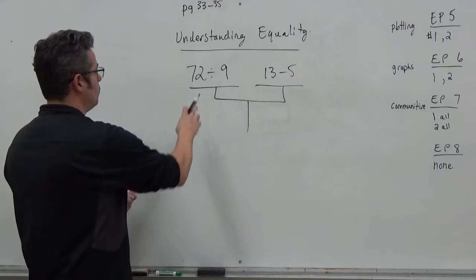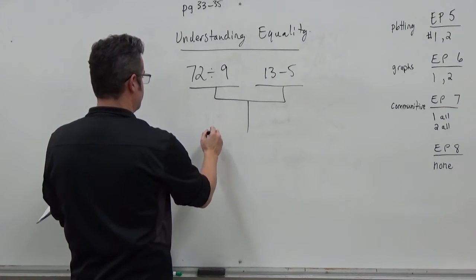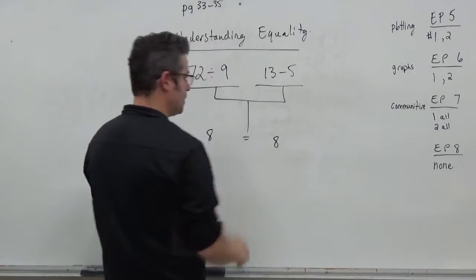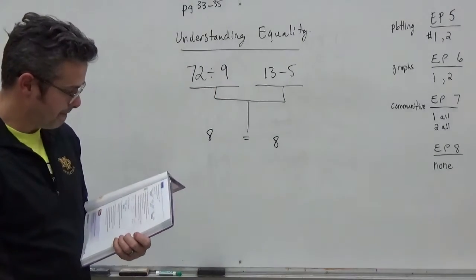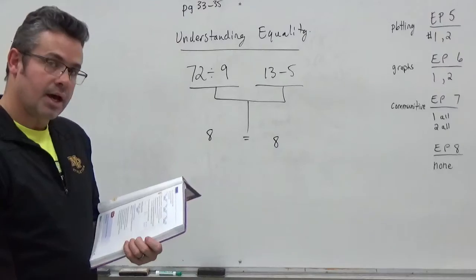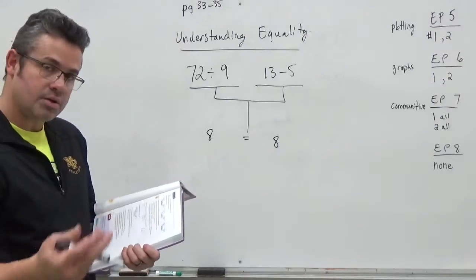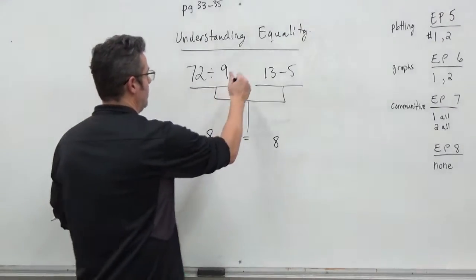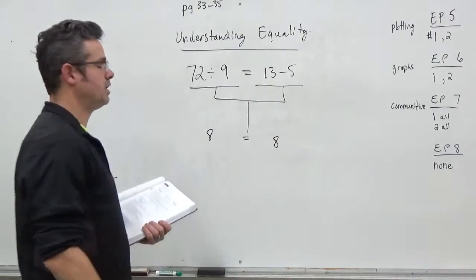Well, what's 72 divided by 9? 8. What's 13 minus 5? 8. Those equations will be balanced. Okay? And it asks, how did you find that out? Well, you did the math, and when you get the same answer, they're the same. So 72 divided by 9 is equal to 13 minus 5.